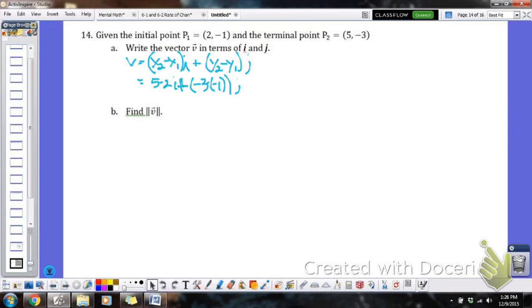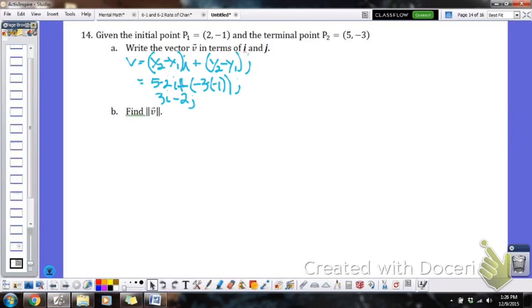j. 5 minus 2 is 3, so 3i. Then negative 3 minus negative 1 is negative 2, so I'll have minus 2j. So 3i minus 2j is my vector. Now I need to find the magnitude of this vector.